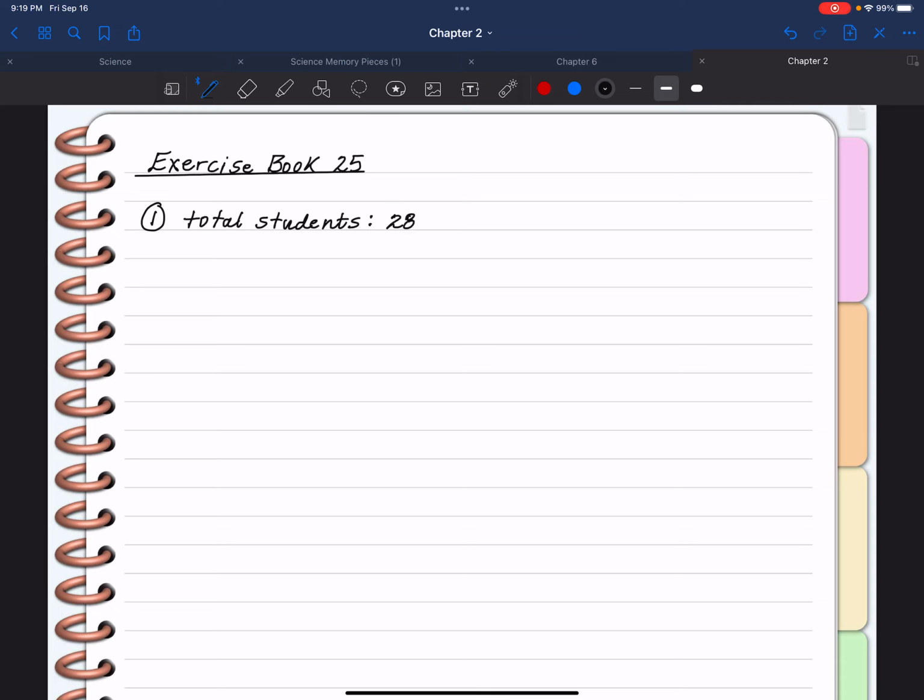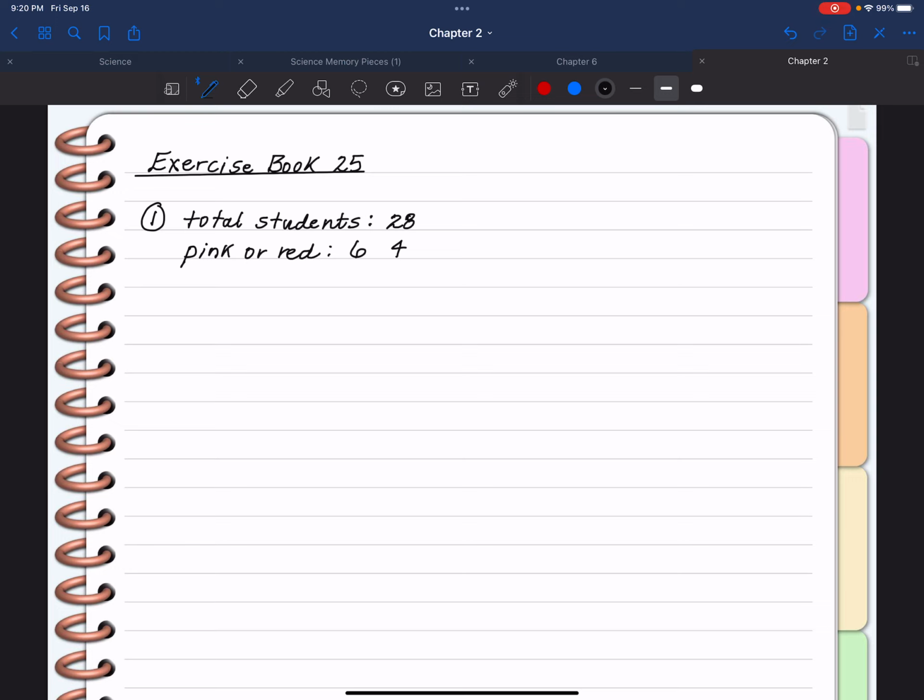And then we're looking at the students who chose pink or red. I'm going to use this moment to show you something about probability that you need to know. The number of students who chose pink was 6, and the number who chose red was 4.